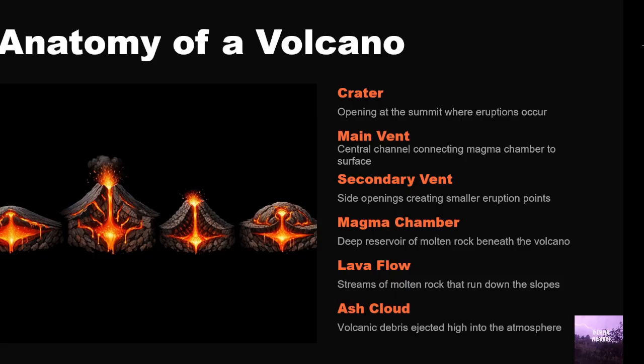The magma chamber is a deep reservoir of molten rock beneath the volcano. Next, you have lava flow, which is streams of molten rock that run down the slopes. And then you have the ash cloud, which is volcanic debris ejected high into the atmosphere.